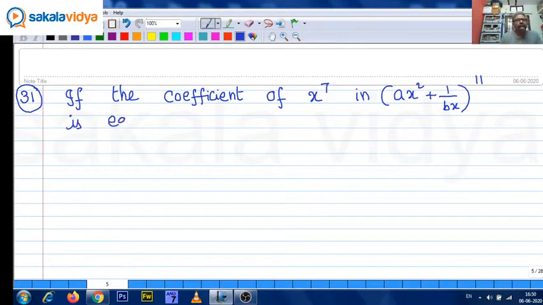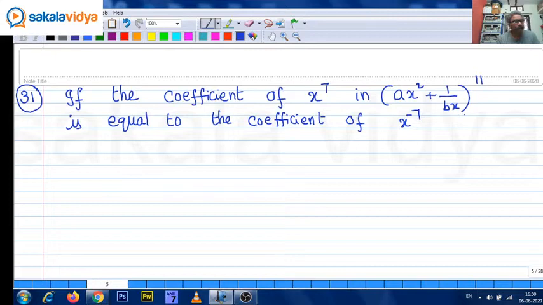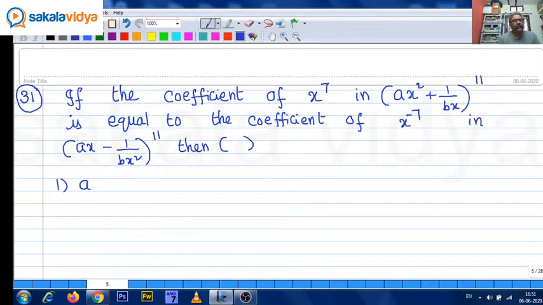is equal to the coefficient of x to the power of minus 7 in ax minus 1 by bx square whole to the power of 11, then first option, a into b equals minus 1.